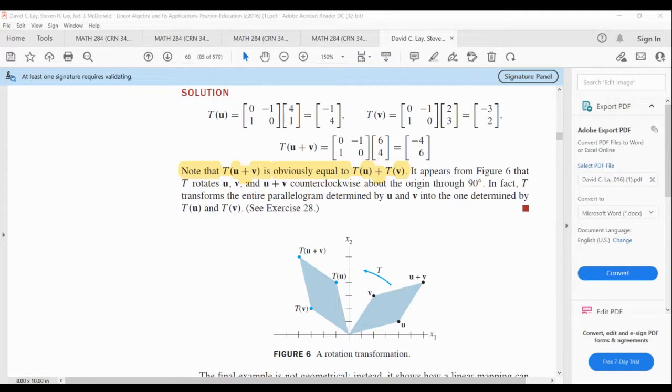Now, one more. Look at the vector u plus v on the right and look at the transformed vector. Look at the dots, the black dot and the blue dot. What's the angle between those two vectors?